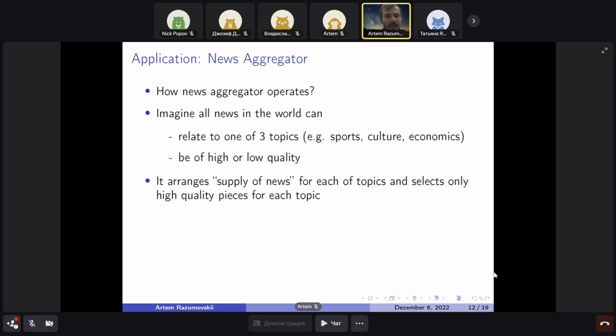But then the aggregator would like to pick news of good quality. So if an agency can produce high or low quality, then the aggregator is interested in a high quality product.